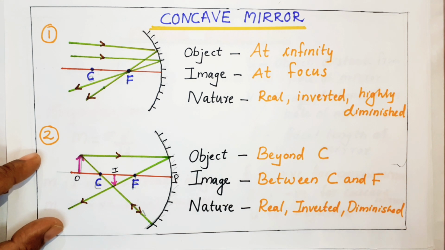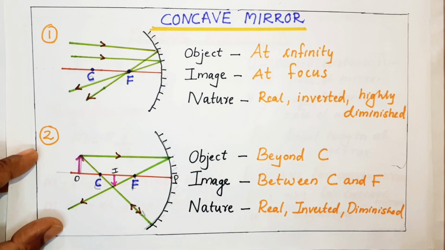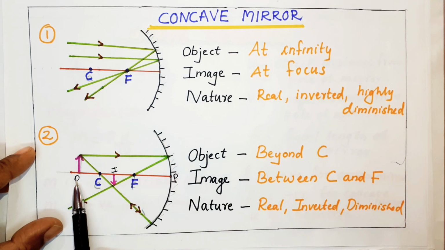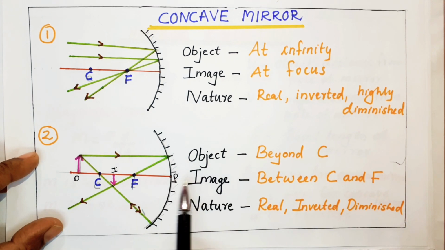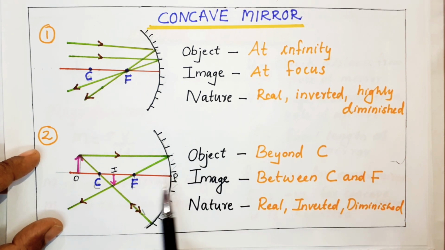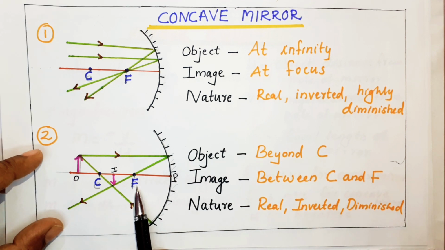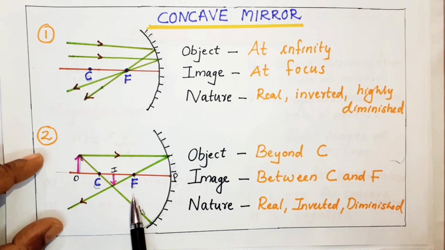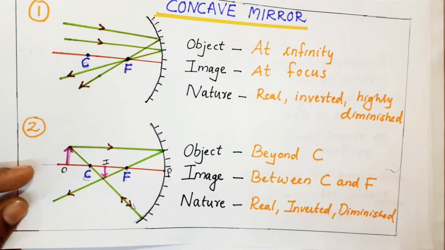So three letters I am telling: U, V and F. One is the distance from the pole to the object, that is U. Next is pole to image, that is V, the image distance. Next is pole to F, which we call by the name F, the focal length.